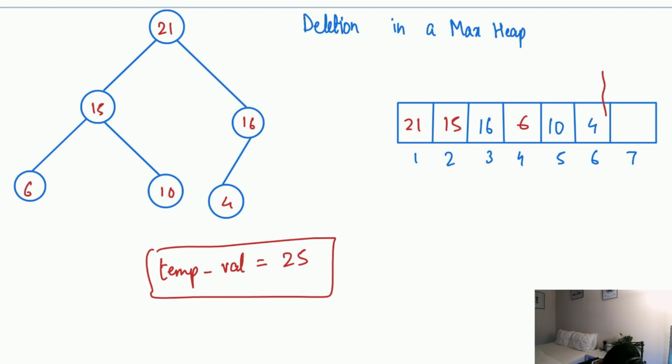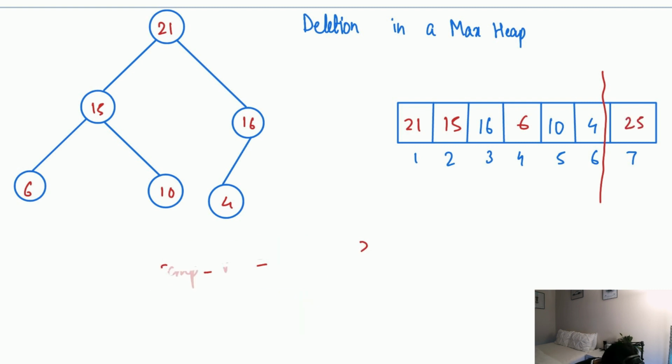We reduce the value of our heap height or heap index by 1, and this is now not part of the heap. Therefore, we place the temp value, the old root node, outside the heap. After we've done that, let's continue with deleting our root elements till there are no elements to delete.